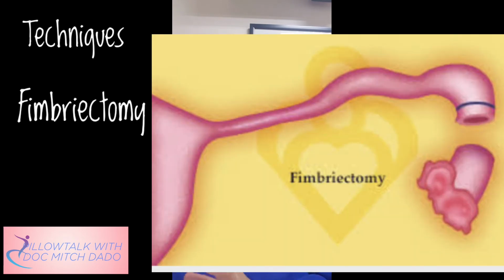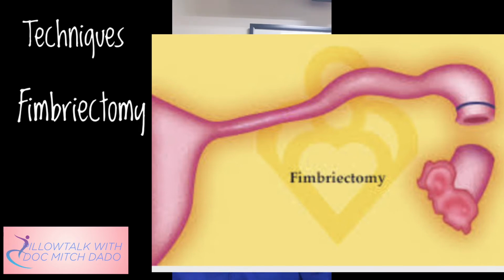Now, the third type of bilateral tubal ligation that we do here in the country is fimbriectomy. Ano naman yon? There are different parts of the fallopian tube, and the closest part of the fallopian tube to the ovaries, which para siyang finger-like structures, ang pinaka-role niya is to capture the egg na marirelease ng ovary.